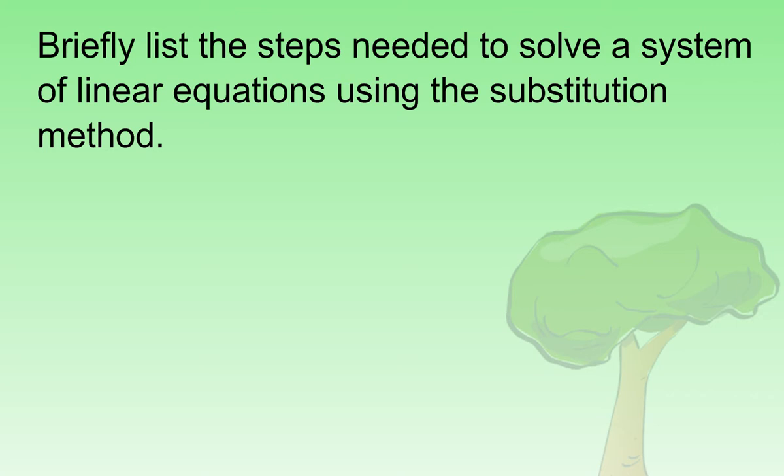If you could please, briefly list the steps needed to solve a system of linear equations using the substitution method. Well, I kind of just did that. You have to take one of the equations and solve for a variable first. Once you have one equation solved for a variable, x or y, you take that, plug it into the other equation so that you only have an equation with one variable.